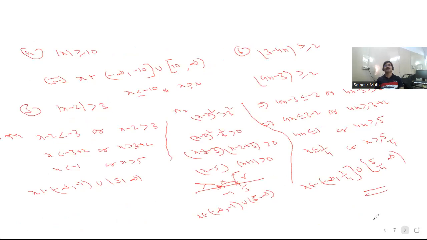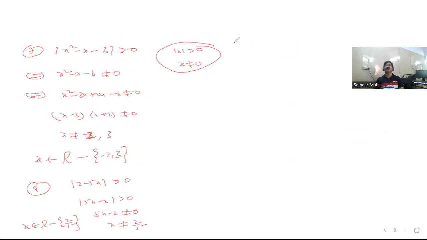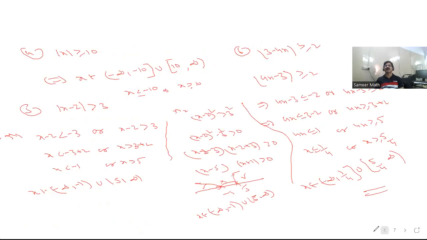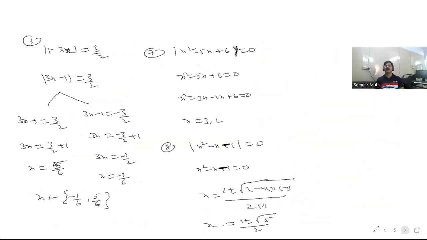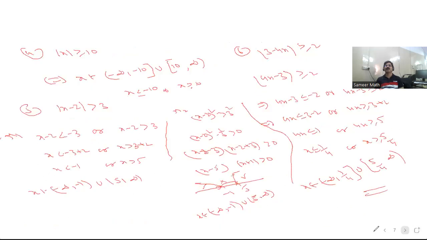So we have gone through the 13th property. Now one more is there. We have seen greater than; now we'll go for less than, the 14th property. See here: if mod x is less than a, then what is going to happen? Greater than is done, equal to is done, now look at less than.